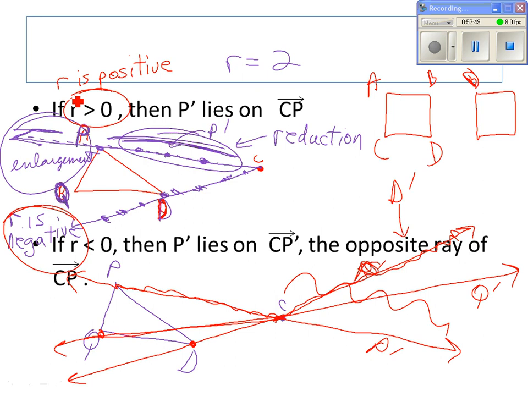Your eye has a negative scale factor because it turns everything upside down. It flips everything over. And that's what's going to happen here. So this point right here is going to end up down here somewhere. This point is going to end up like here, and this point is going to end up on this one somewhere.